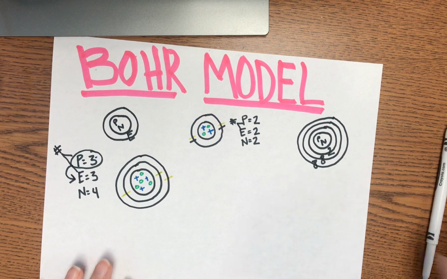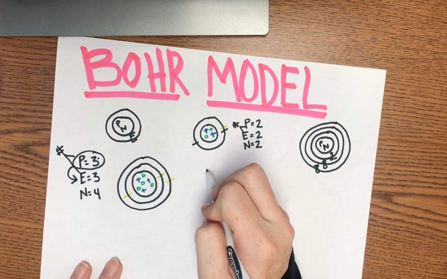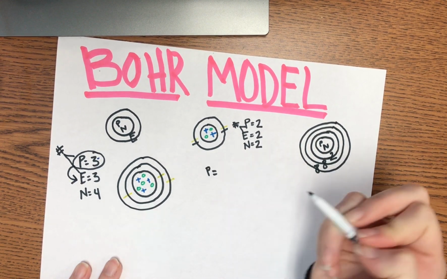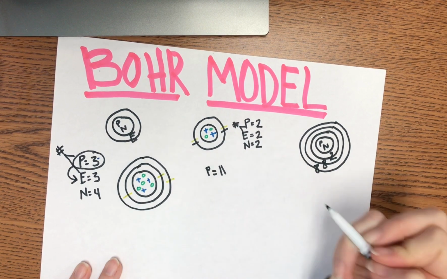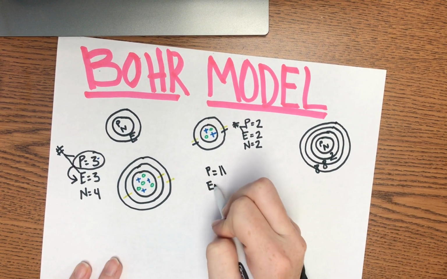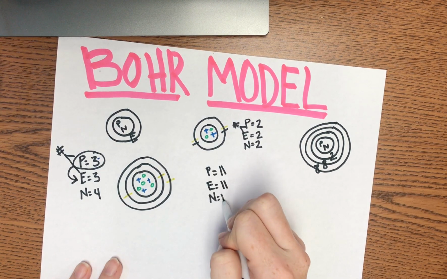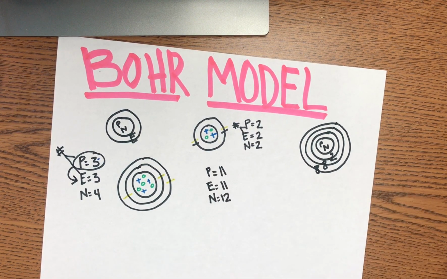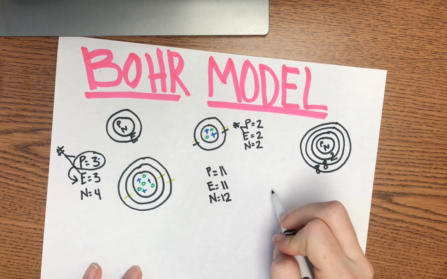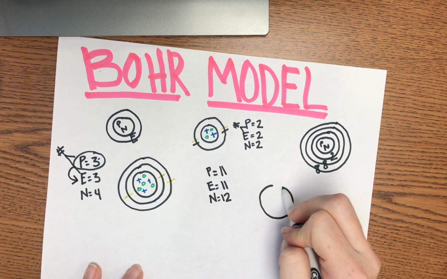Let's try it one more time, but with a little bit more subatomic particles. Let's say we have 11 protons. Because we have 11 protons, we know we have 11 electrons. And our neutron number can vary. When we start learning about the periodic table, we'll learn how to find the number of neutrons. Okay, so first things first, we draw our nucleus.